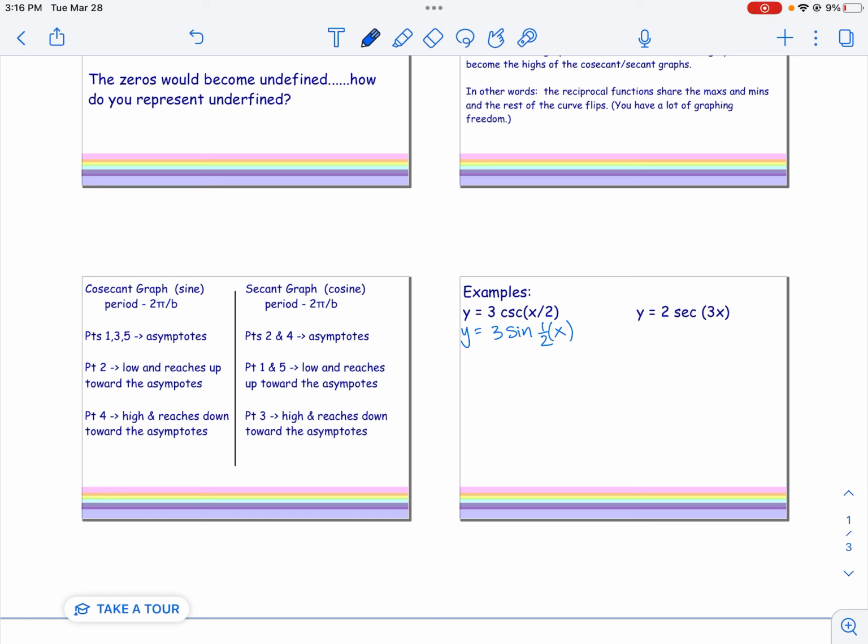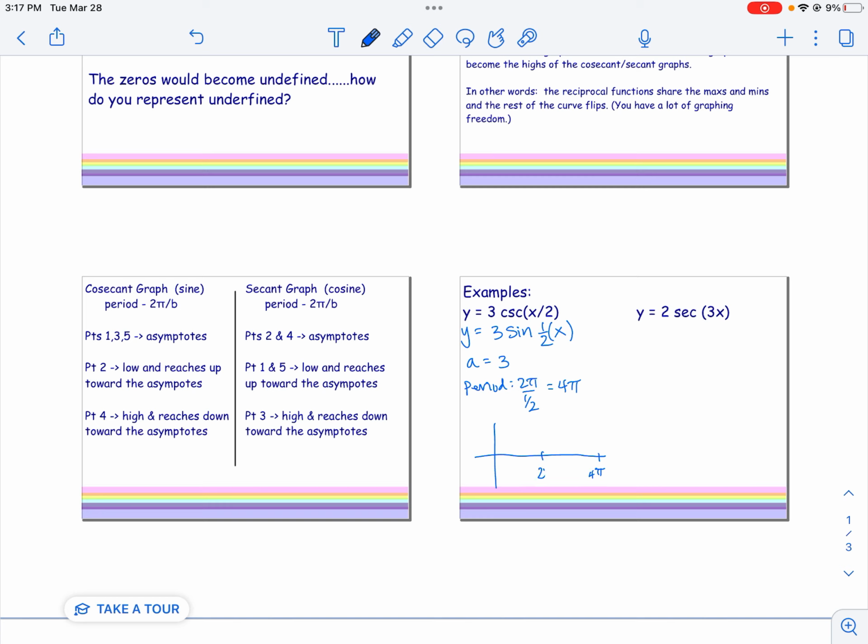So what I'm going to do now is identify that the a value, the amplitude, is 3, and then I'm going to find the period, which is 2 pi divided by 1/2, and that is 4 pi. So I'll graph the sine curve in blue, and then I'll graph the cosecant curve in red. I'm going to graph the sine curve that has an amplitude of 3 and a period of 4 pi.